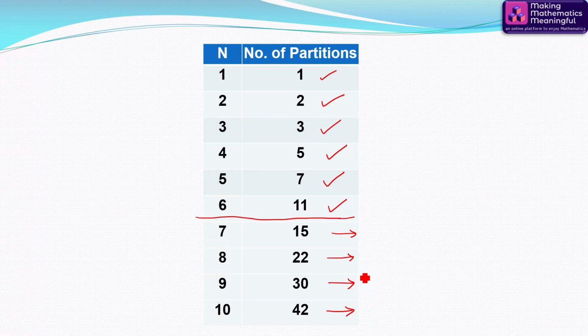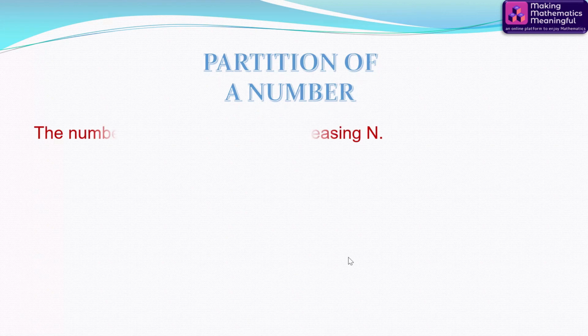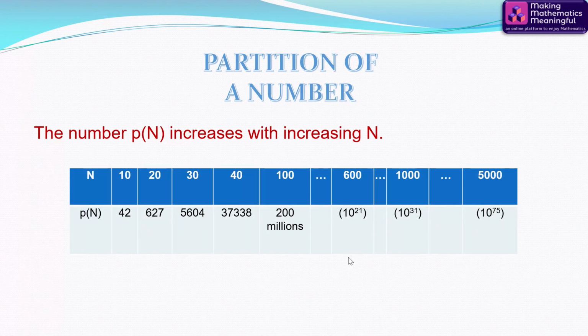Because to date, no mathematician around the globe has a direct formula for the number of partitions of a given natural number n. Yet, we have this information available that p of n for n equal to 10, as we have seen in the table, is 42.